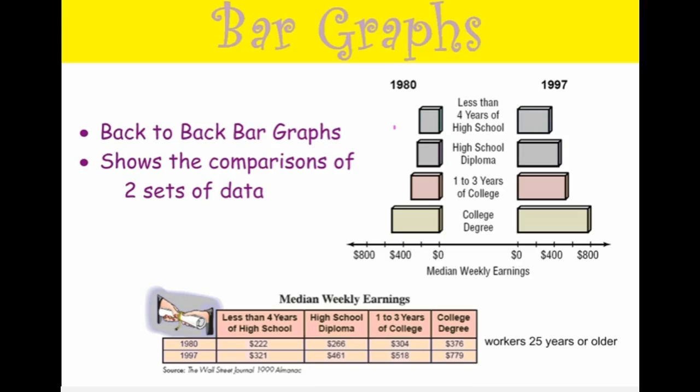Bar graphs. These are back-to-back bar graphs, where you can put two sets of data on one graph basically and show how they relate to each other. On this one we're looking at median weekly earnings based on the type of education you have, and obviously if you have a college degree, your weekly earning in 1997 is around $800 a week, and in 1980 it was around $425.